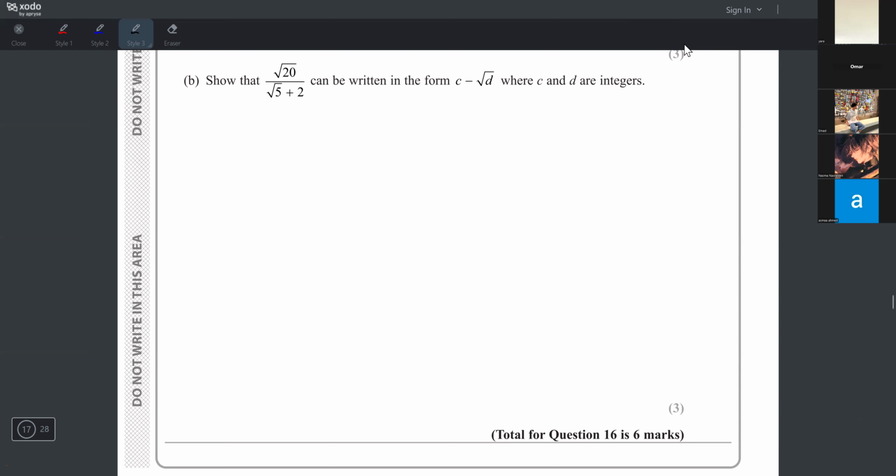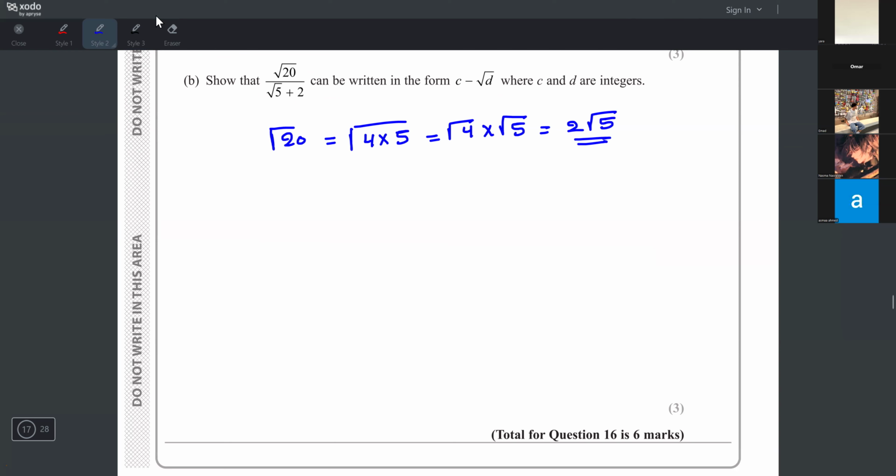For root 20 we need two factors of 20, one of which is a square. 4 and 5 are factors of 20, and 4 is a square, so we can simplify root 20 like this: root 20 equals root 4 times 5, which is root 4 times root 5, and root 4 is 2, so it will be 2 root 5.